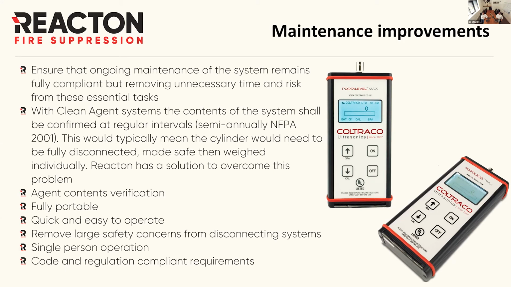And this is where you've got the ultrasonic liquid leveling from Coltraco, where we can verify the agent contents. It's fully portable, very easy to use and operate, and it gets rid of all those safety concerns that you had from disconnecting the systems. One person, so again, you're saving on the cost of having multiple people at height.